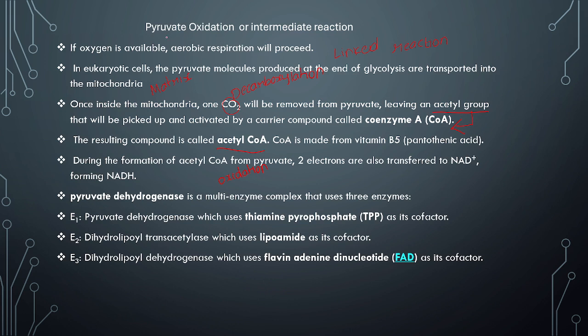Here pyruvic acid undergoes oxidation by removing 2 electrons or 2 hydrogens from its molecule. One carbon dioxide molecule is also removed, hence it is decarboxylation. Together we call it an oxidative decarboxylation reaction.